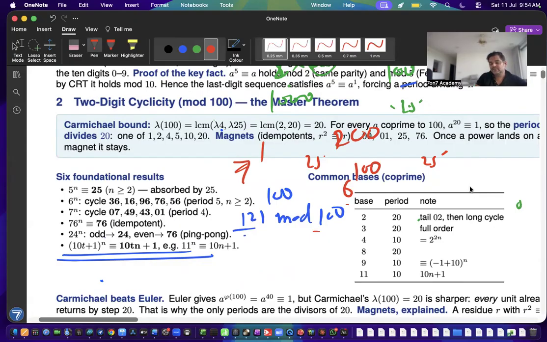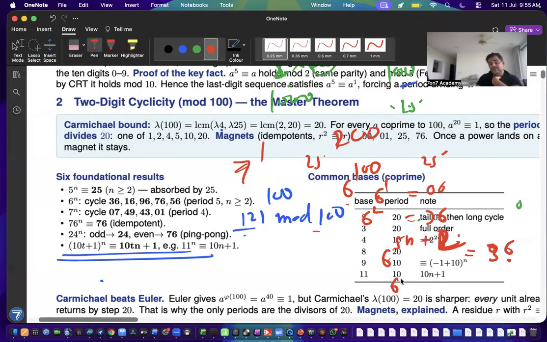What is the tens place? These kinds of questions you have to do quickly. The cyclicity of 6 raised to n up to the digit is 5. 6 raised to 1 is 06. 6 raised to 2 is 36 and then it repeats.